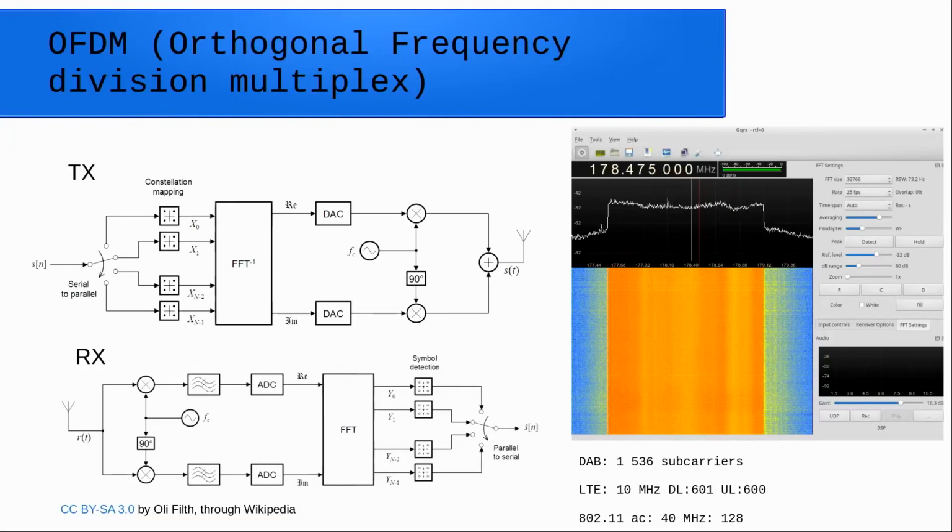And on the other hand, it defines how long your signal is in the air. So the more carriers you have, the longer your signal is. And that has an effect on how much delay your signal can cope with.